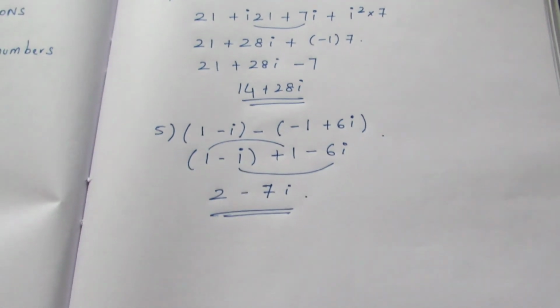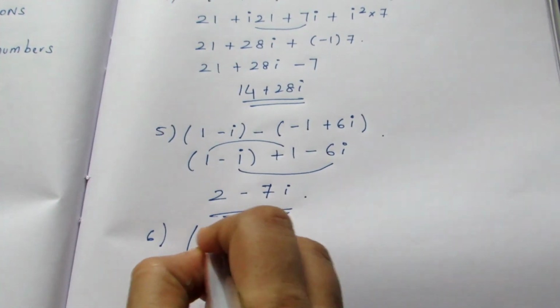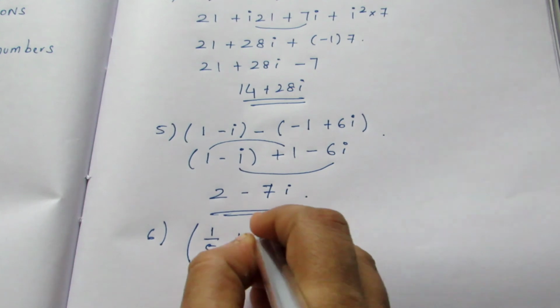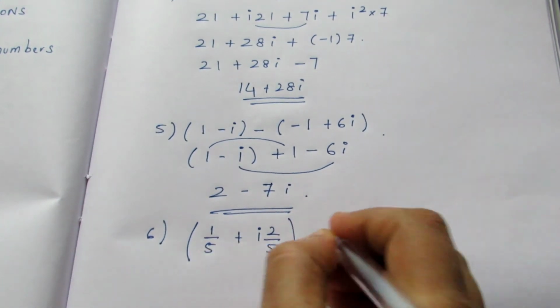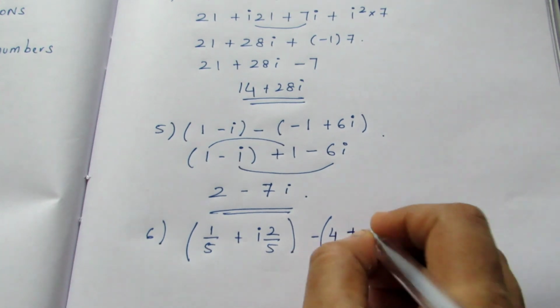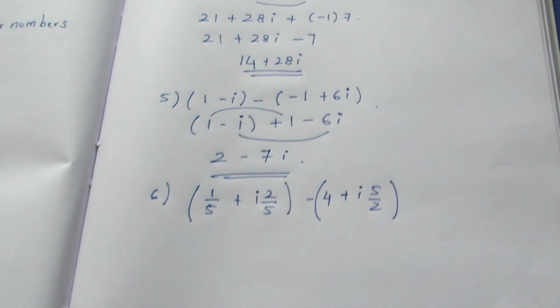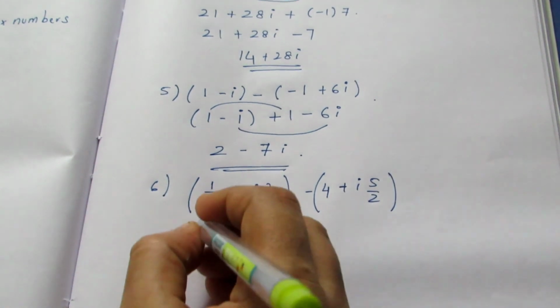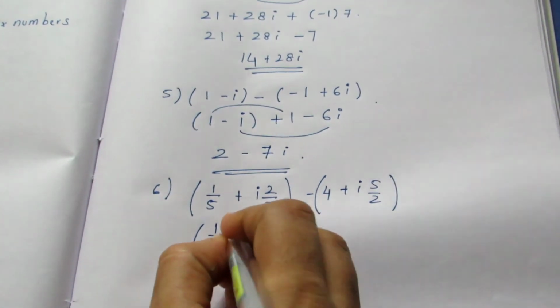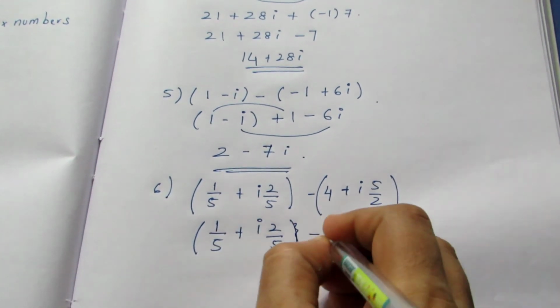Now we'll move on to the sixth one. Sixth question, it is given that (1 by 5 plus i 2 by 5) minus (4 plus i 5 by 2). I'm just taking the bracket, so I'm bringing the minus sign inside. If I bring the minus sign inside, it becomes i 2 by 5, so remove the bracket, minus 4.